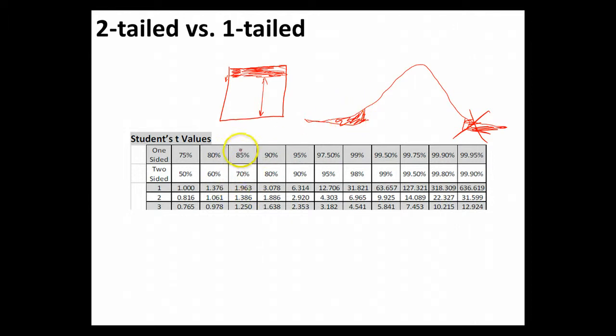That's why the values end up being halved for the residual. So 80 becomes 90, 70 became 85, 50 became 75, because we are getting rid of the other side of that value. That's the basic idea behind a two-tailed or a one-tailed t-test.